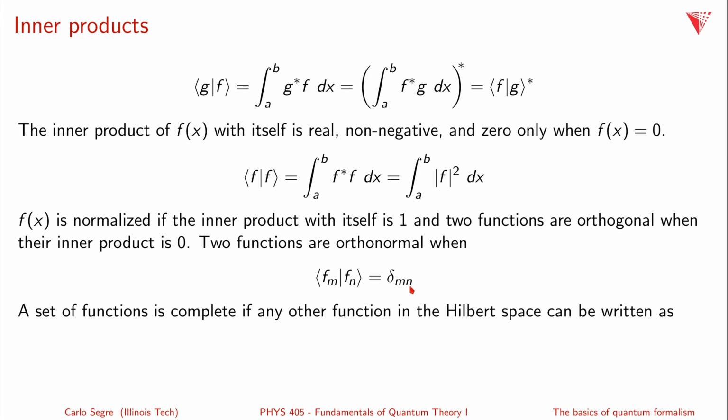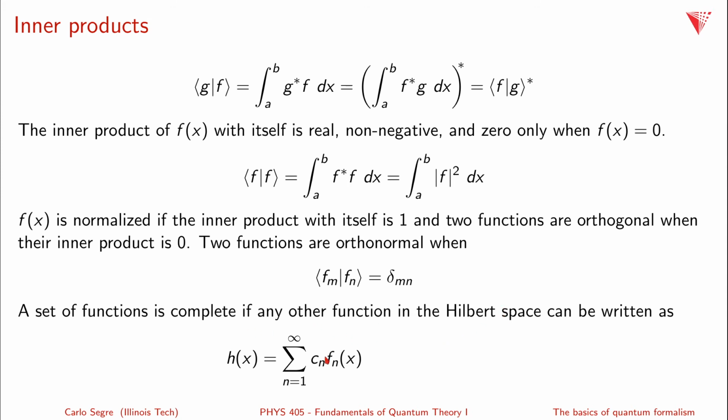So a set of functions is complete if any other function in the Hilbert space can be written as a sum of this complete set of functions. That is, if I can write h of x as a sum from n equals 1 to infinity of c sub n times f sub n of x, then this is said to be a complete set of functions, f sub n, as long as h can be any arbitrary function that lies in the Hilbert space.